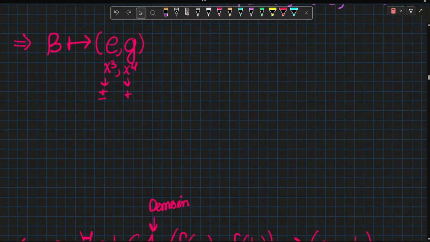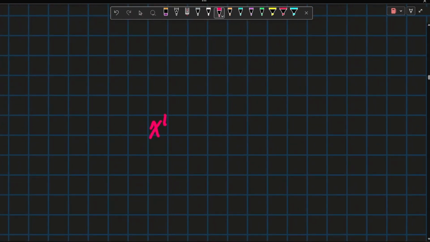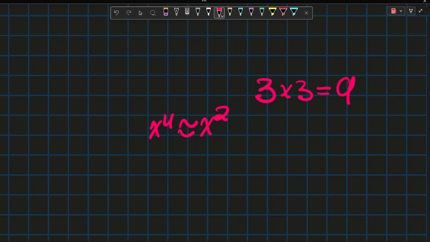Another unique thing about x to the 4 is that it behaves somewhat like x squared. Let me take an odd number, say 3, and then square it. This gives me 9. Let me square this again.